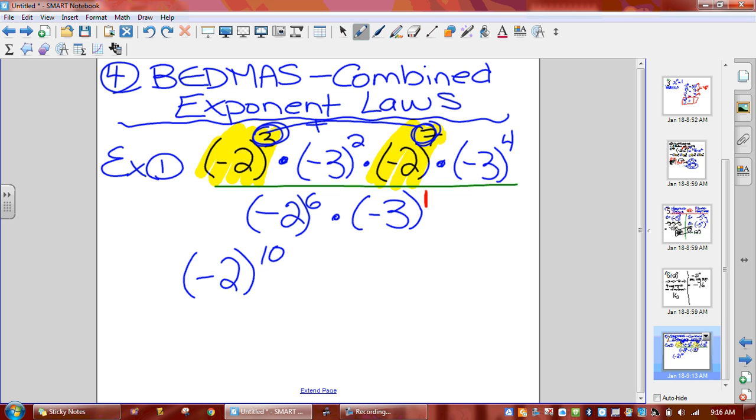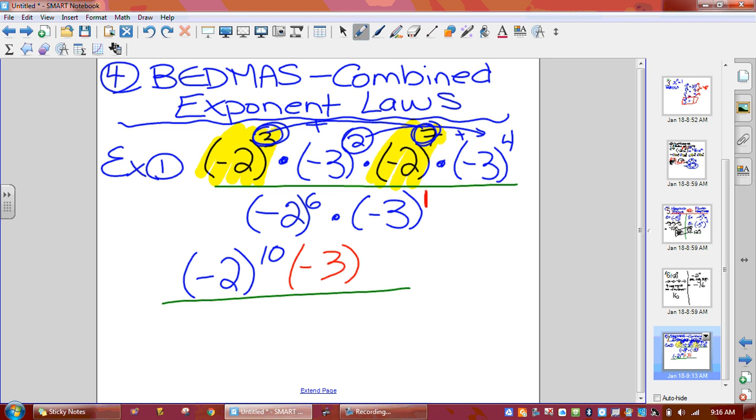We're going to do the same thing for the negative 3s. How many negative 3s do I have? On the top, we've got a 2, and we're adding it to the 4. So we're going to have 6. So we've got our top simplified. Now we're going to write the bottom back underneath.